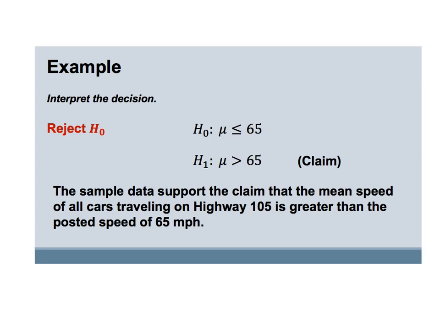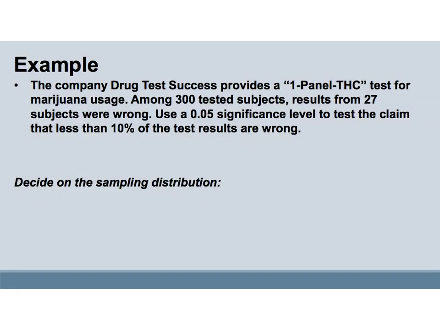Alright, so the next one. The company Drug Test Success provides a one-panel THC test for marijuana usage. Among 300 tested subjects, results from 27 subjects were wrong. Use a 0.05 significance level to test the claim that less than 10% of the test results are wrong. Okay, proportion or mean?